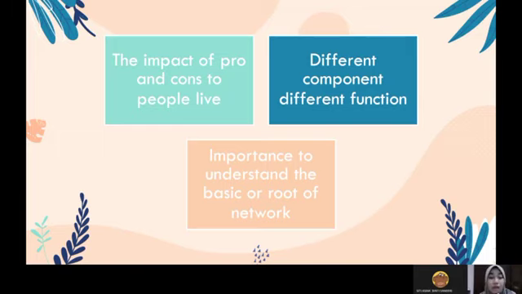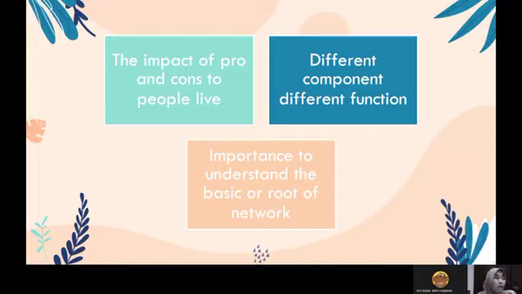And the second one is different components, different functions. We can easily capture and transfer the data from one device to another, and it will connect to the network component. And the last one is the importance of understanding the basics or root of the network.